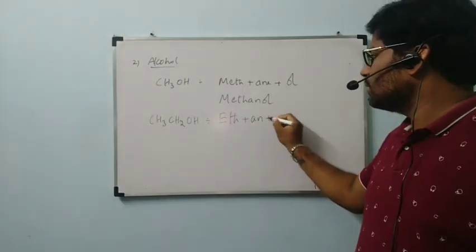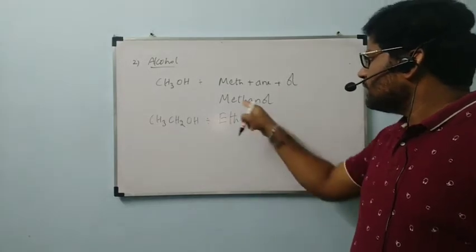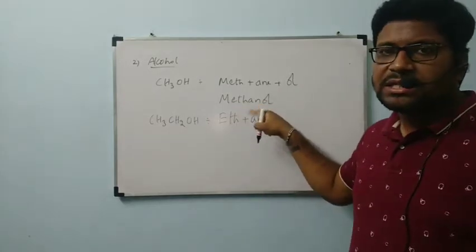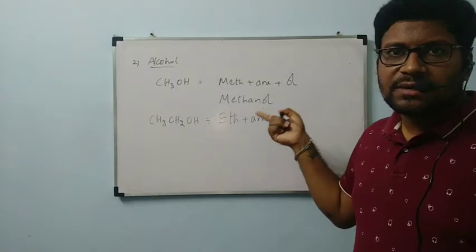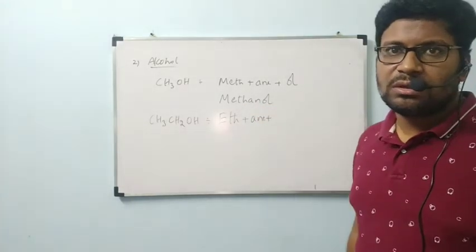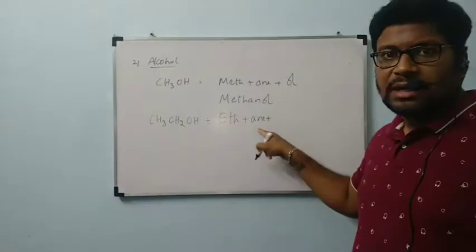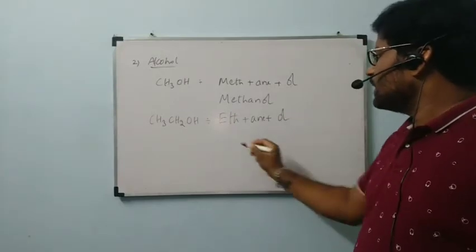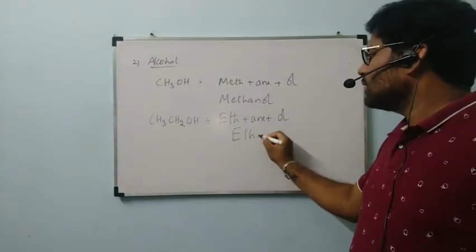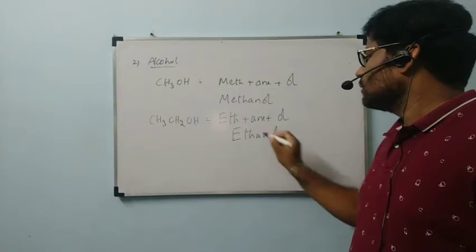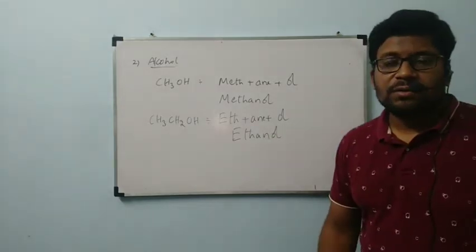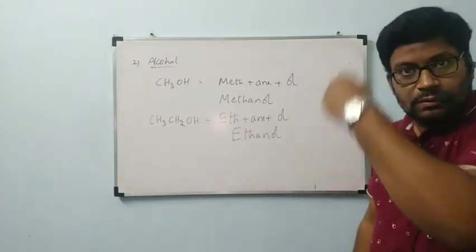And an. While we are writing, this e will be removed because secondary suffix is also there. That's why we are going to remove that e and join that ol. Okay? Eth, an, ol. The name of this compound will become ethanol.